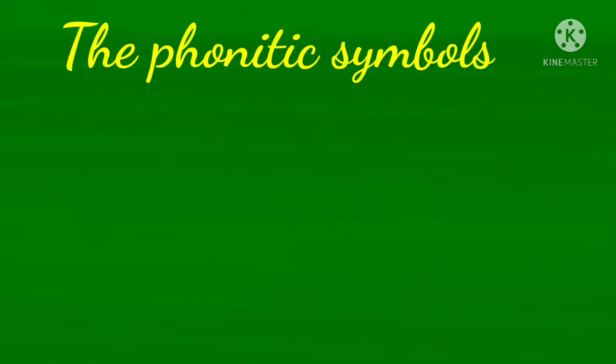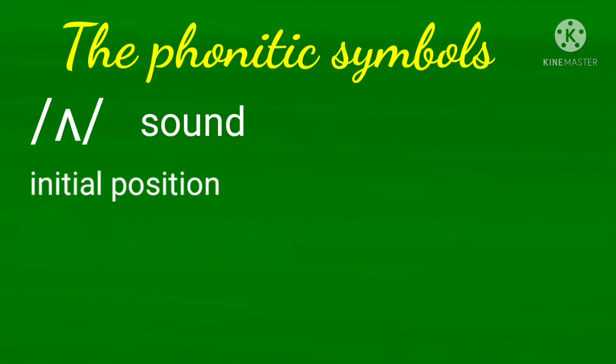The next one is the sound uh. How would you write it? Just look at the board. The inverted V. That is uh. There are so many words that you know where it occurs in the initial position.